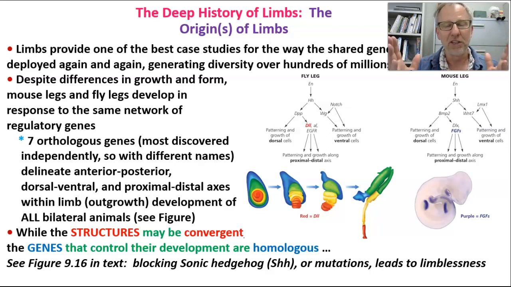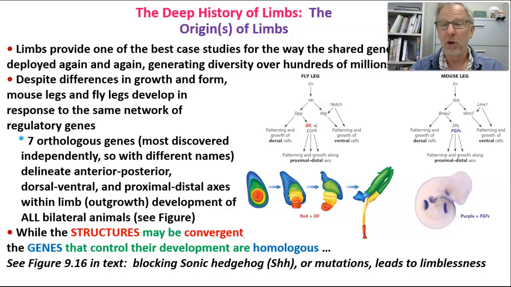And so these 7 orthologous genes are controlling the exact same patterns of development in all bilaterians. Pretty remarkable. So take a look at the figure here out of your textbook and compare it and see how the network of relationships of these genes is the same.